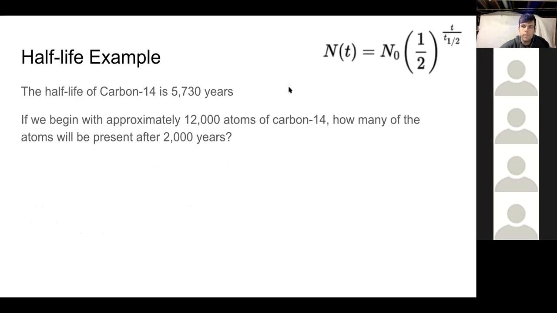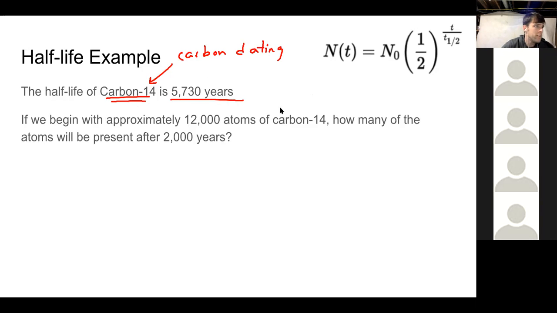All right, so here's an example. The half-life of carbon-14, that's a specific isotope that is radioactive, has a half-life of 5,730 years. So you might have heard of carbon dating, where scientists can use the amount of radioactive carbon that's present in something to approximate the age. So they do that based on knowing the half-life of this particular thing.